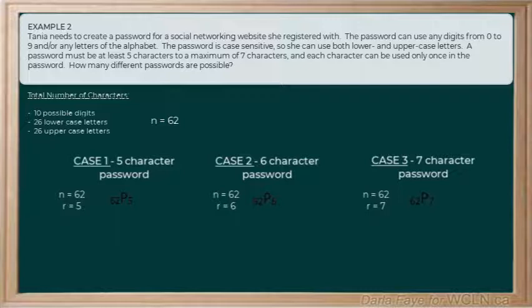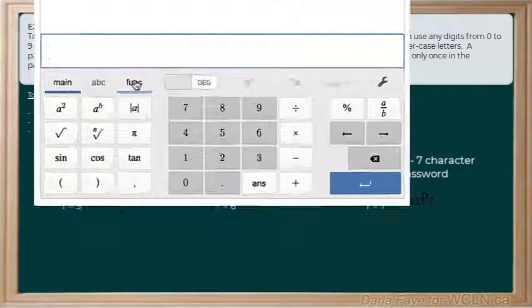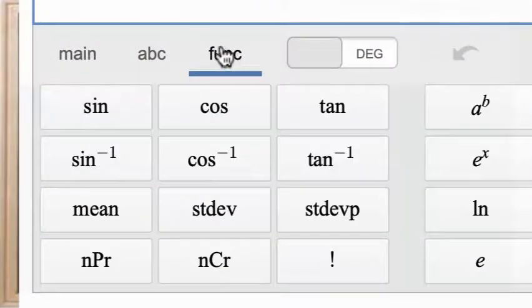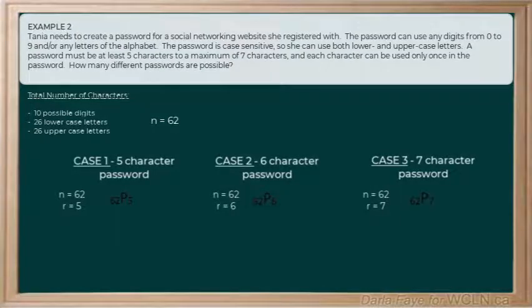Now, if I was to use the equation that we used in example number 1 to evaluate each of these cases, you can see that I would have a lot of simplifying and evaluating to do, and our numbers would get really big. If I have 62 factorial, that's a big number. So instead, we're going to use our scientific calculator to help us out here. Our calculators have this permutation function in it, and we can use it to evaluate these expressions.